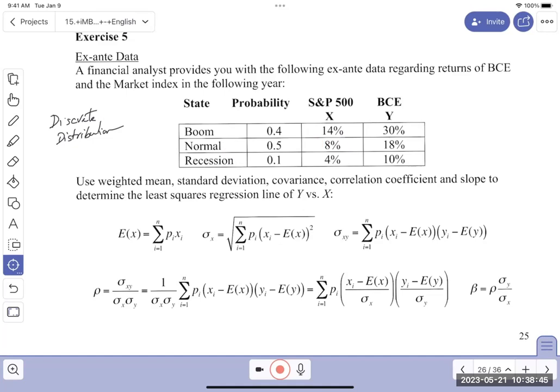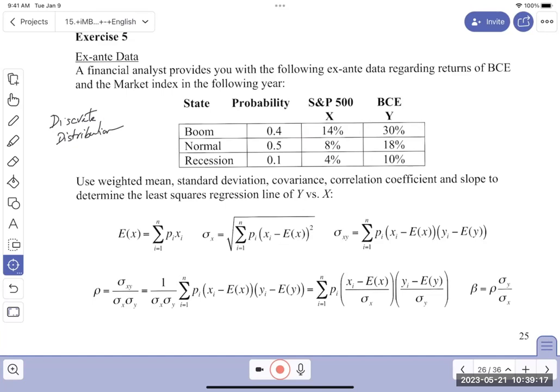In the less likely case there's going to be a recession where the returns are 4%, or more likely, almost as likely as a normal state, that there's going to be a boom, an expansion of the economy with a 14% return. If these things happen, this is what we expect for the firm's returns. So this could be much more complicated, but I've made it just 3 possibilities.